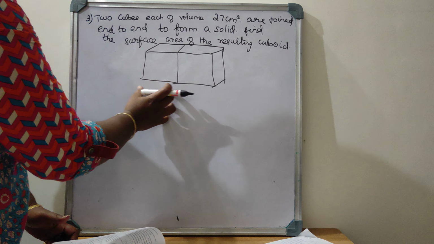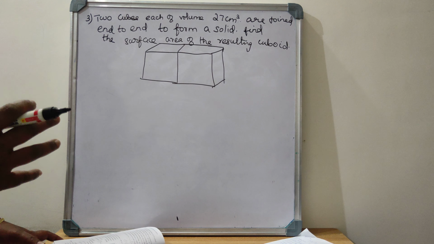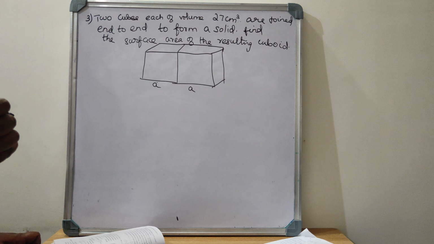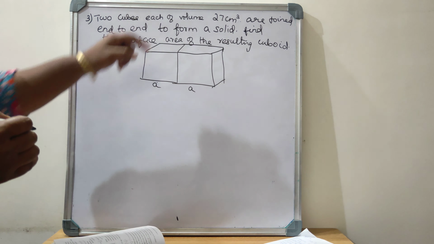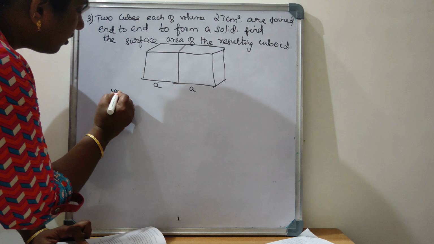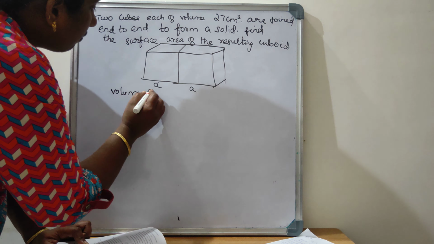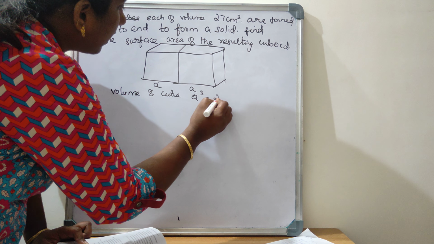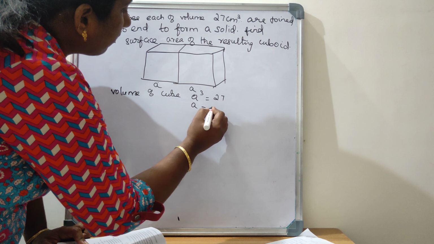So this is one cube and this is one cube which is attached together. So this is the side of the cube, and they have given the volume of the cube. Volume of cube is a cube, that equals 27. So a equals 3.